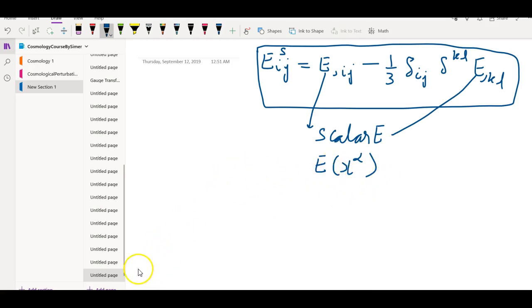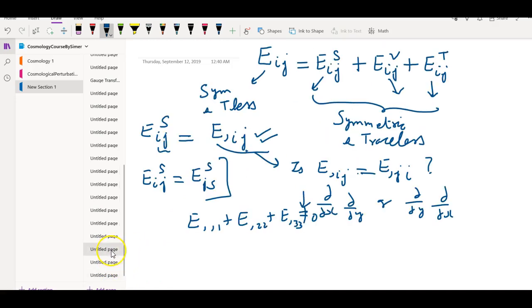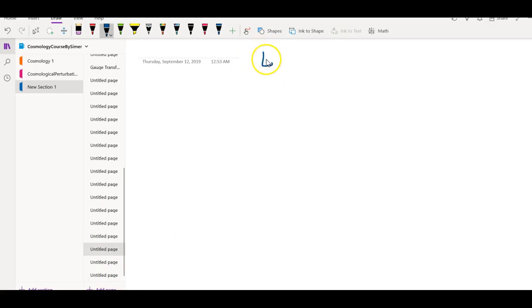Okay, now my next task is to extract a vector from EIJV. From EIJV, I want to extract a vector. Now think of a vector. Is it based upon your imagination running wild, or is there some set logic to drive this?